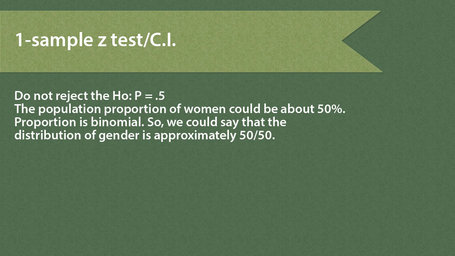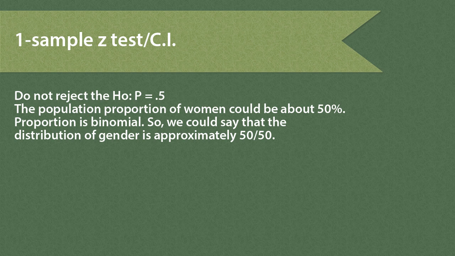So stating our results formally for this particular one sample z-test, we would state that we do not reject the null hypothesis that p equals 0.5. In other words, we cannot reject the hypothesis that the population of cardholders is about 50% women.